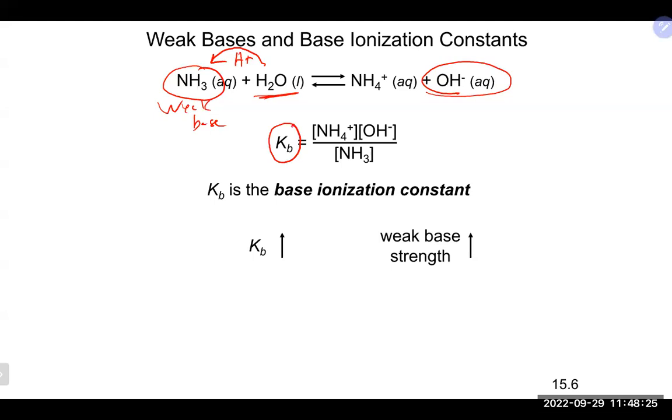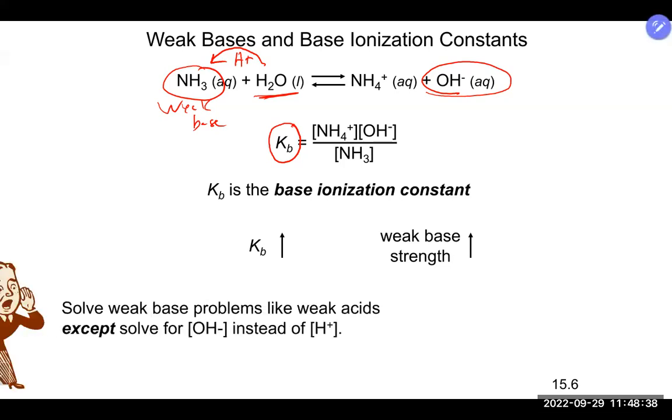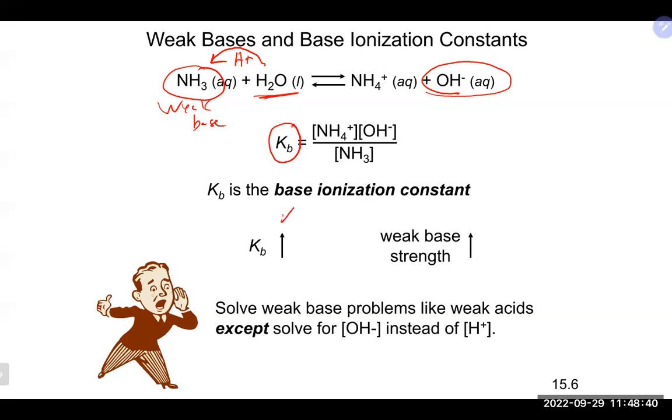And much like the Ka value that we talked about, as the Kb value increases, so does the strength of the weak base. And it's really for the same reason. Once again, when we have a large value for K, that means that we have more products.